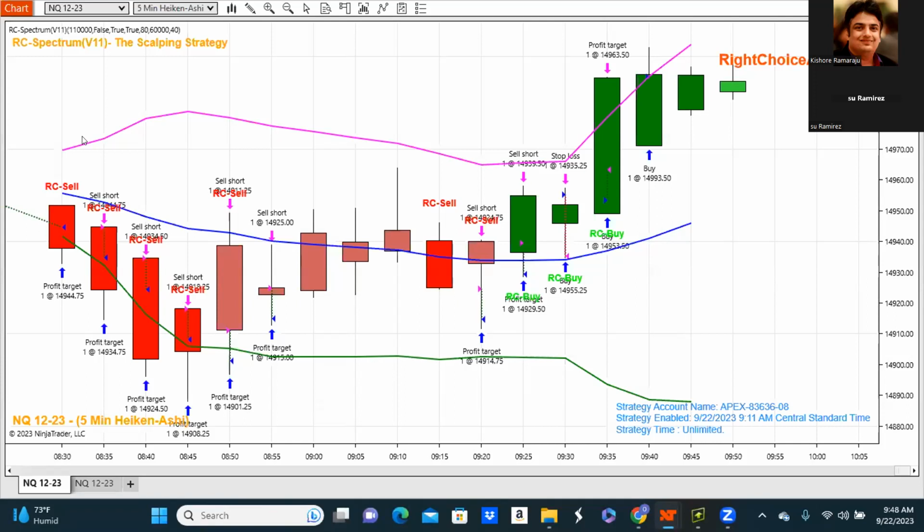Now they are running an 80% off until the 27th, so to get a 50K account, you have to pay approximately $33 or $34. So that is your investment, $33 or $34. Apex will give you a NinjaTrader simulation account and NinjaTrader real-time data.